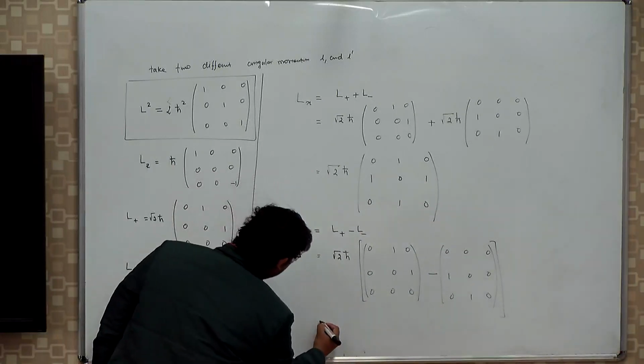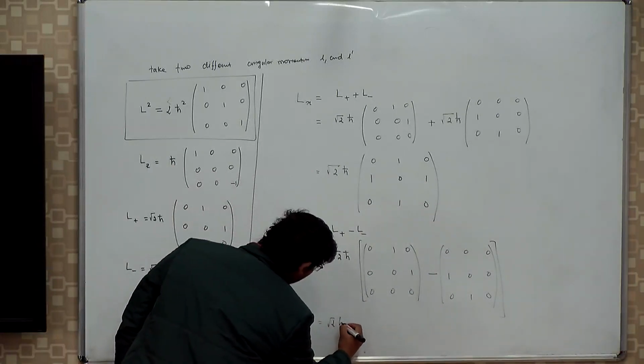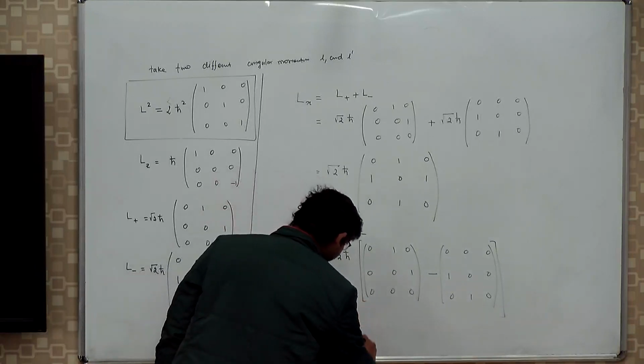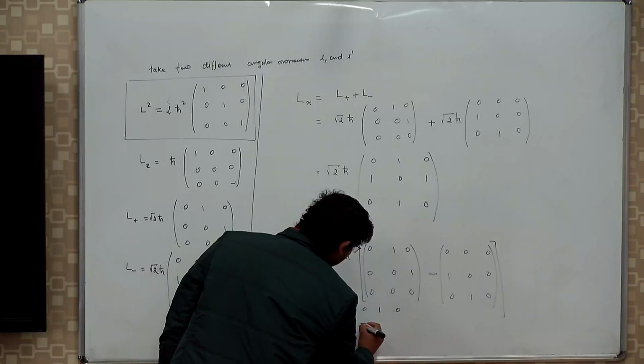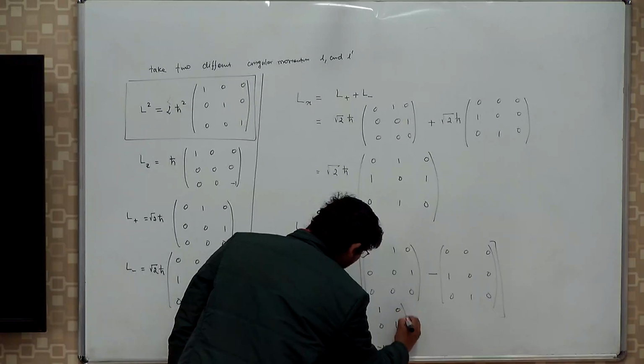Then finally we will get square root of 2 h cross times 0, 1, 0, minus 1, 0, 1, 0, minus 1, 0.